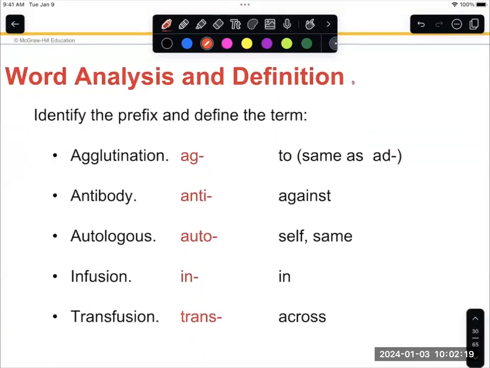So let's look at, we've got it all written here for us. So let's look at these prefixes.